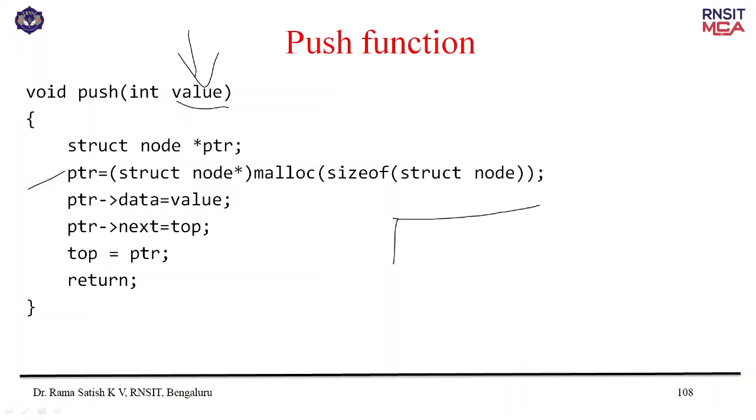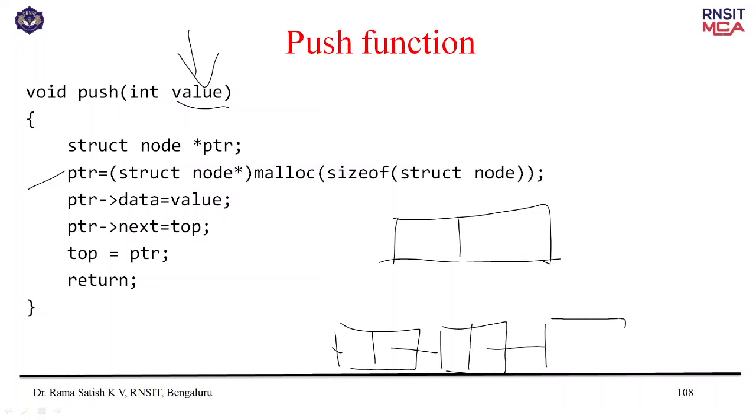So a node is created. Of course, there is already a linked list available. Just imagine it is a stack linked list connecting to null. So already there is a linked list available.